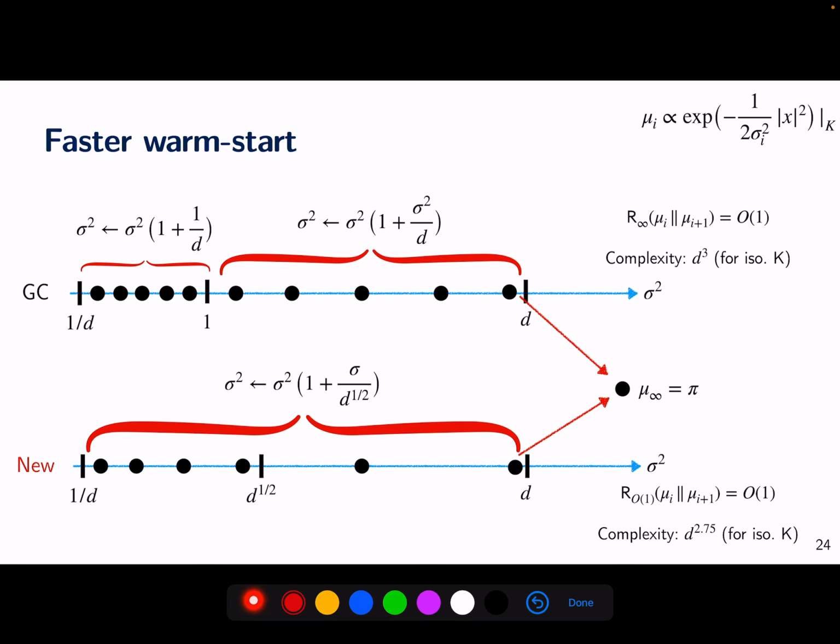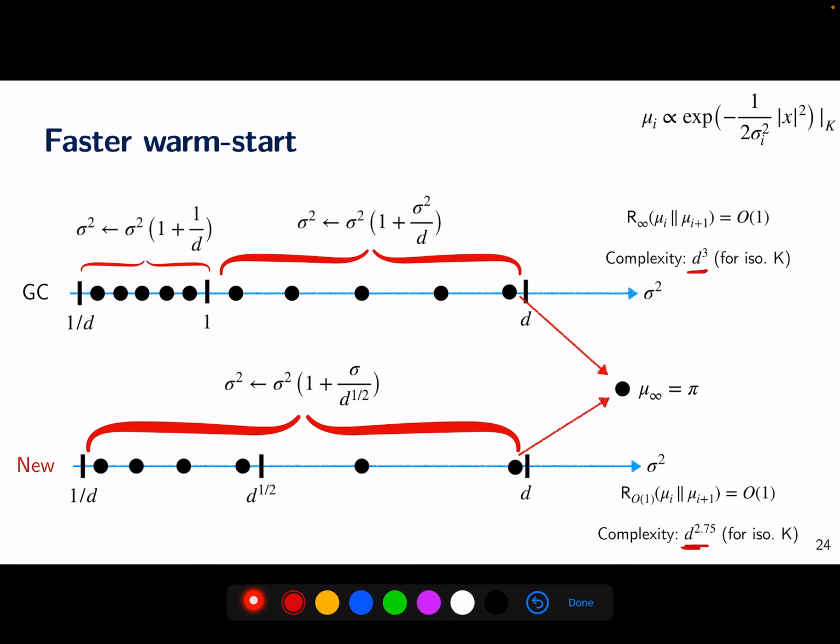This is a comparison between their Gaussian cooling algorithm and our new algorithm. For isotropic K, their Gaussian cooling complexity is d cubed, whereas our faster warm start generation takes complexity d to the 2.75.